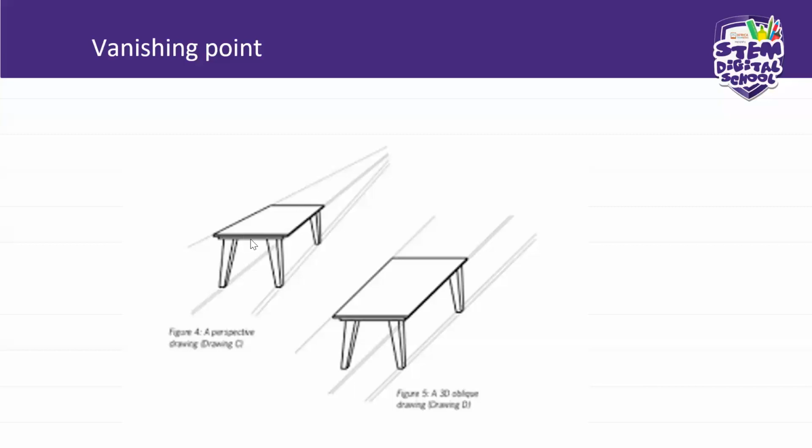And then you are going to connect lines. You draw construction lines from the edges of the front of your object to the vanishing point. These lines are the ones that are going to give you the top part, and then you can add the legs.